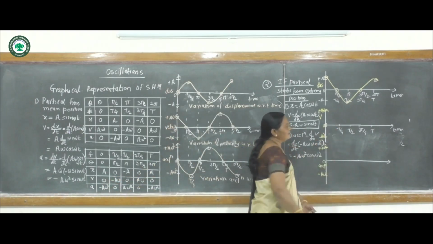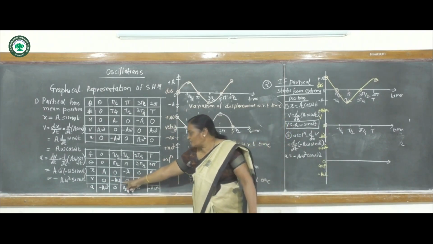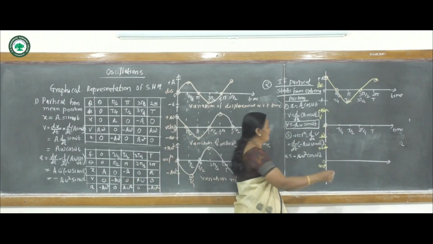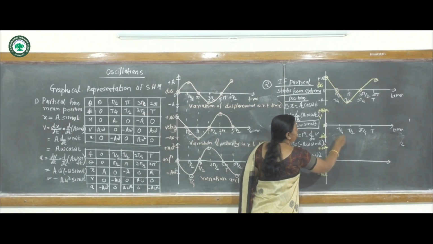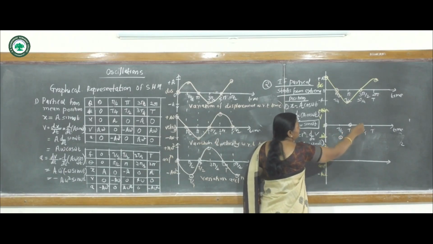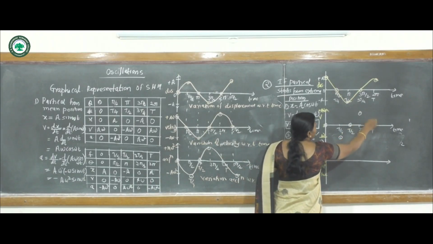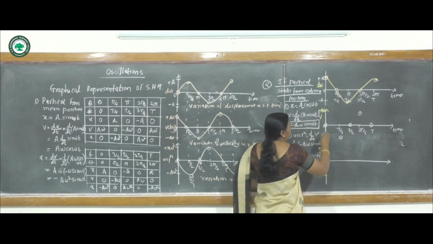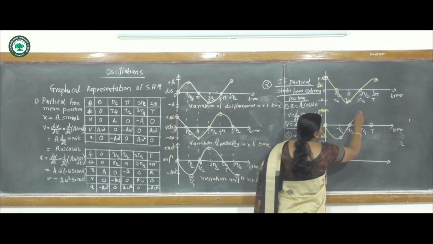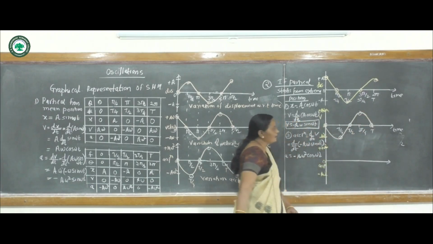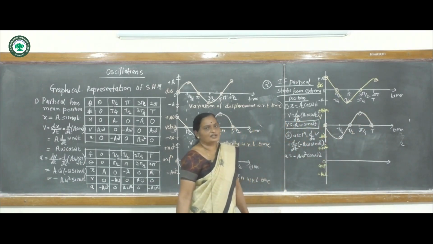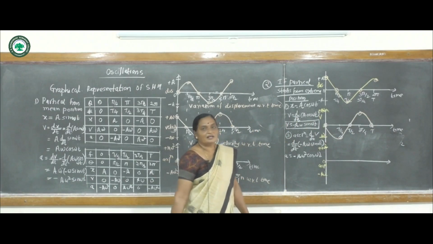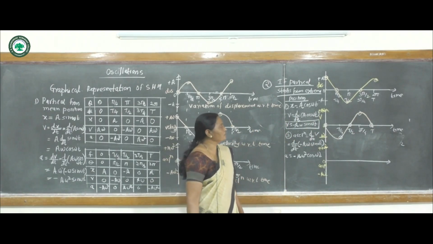Then it varies in the minus direction, that is minus a omega, then it is 0, then it is plus a omega, then it is 0. If we represent it graphically, we get it like this. This is the graphical representation of velocity when the particle starts from the extreme position.